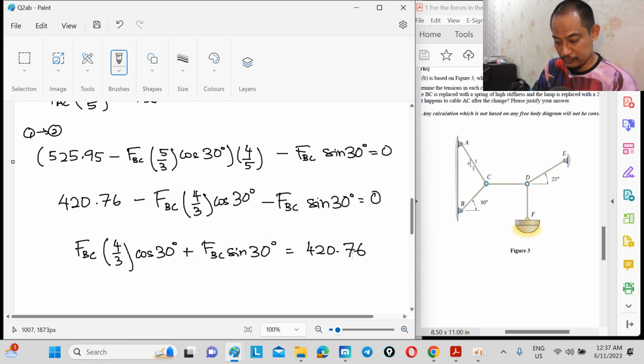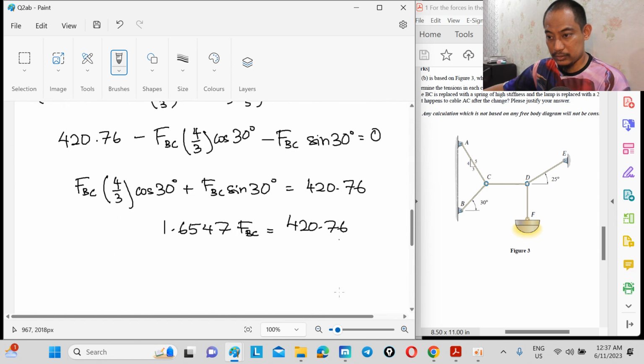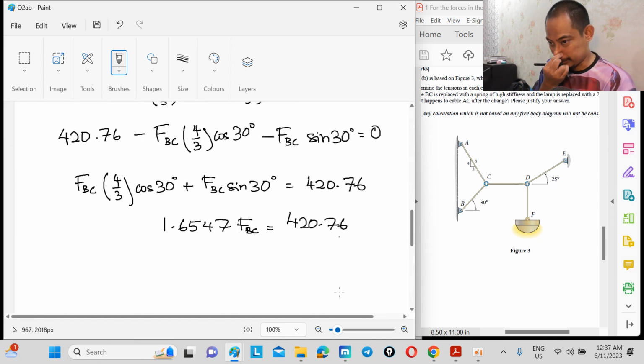So if you calculate this one, 4 divided by 3 times cos 30 plus sine 30, you'll get 1.6547 FBC equal to 420.76.